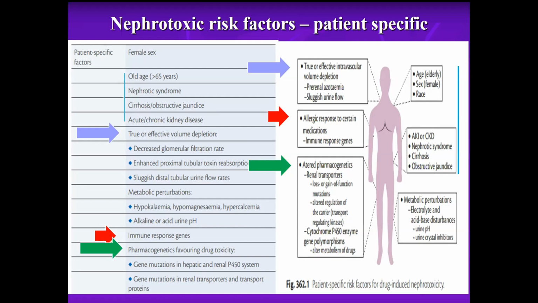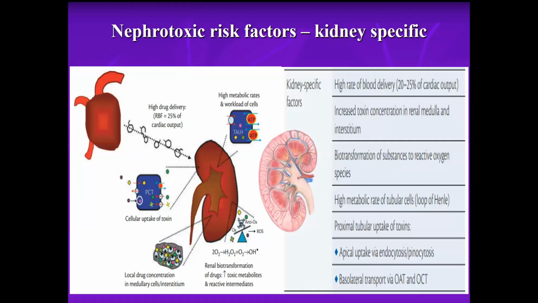Other patient factors which are important include the age of your patient, whether the patient has coexisting nephrotic syndrome, cirrhosis, or acute on chronic kidney disease, and there are multiple other reasons why patients have risk factors for nephrotoxicity.